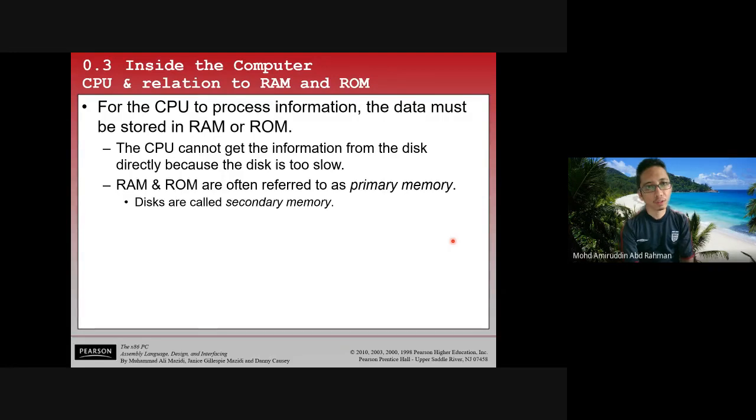So that's why, in the previous days, the CPU is connected to the RAM and ROM to obtain the stored memory. That's why the RAM and ROM are often called the primary memory, and the disks are called the secondary memory.